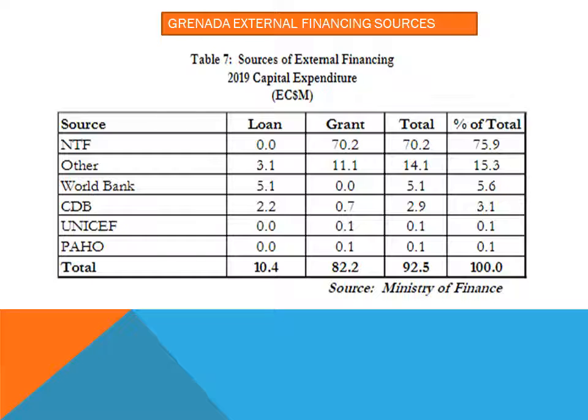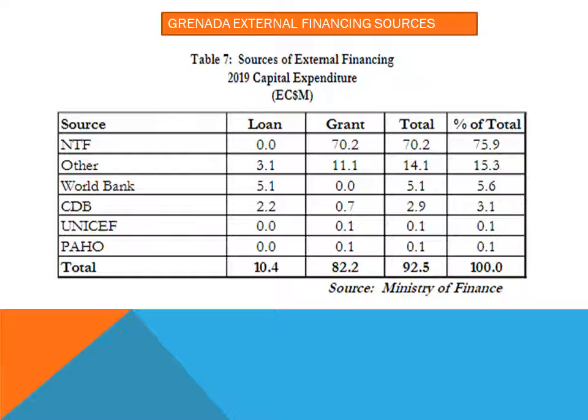So this is some information in terms of Grenada and our financing as of 2019, of course. I mentioned just now that we get loans from some of the institutions. We see World Bank 5.1 million in loans, and CDB, which is regional, 2.2 million. That's Caribbean Development Bank.